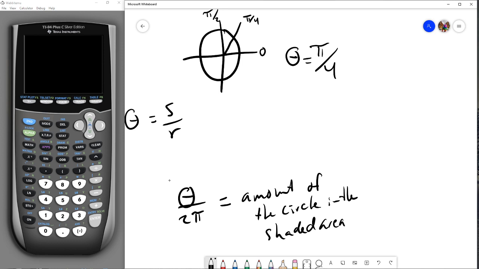Well, pi over 2 is 1/4 of the circle. So we should expect pi over 4 to be 1/8 around the circle.